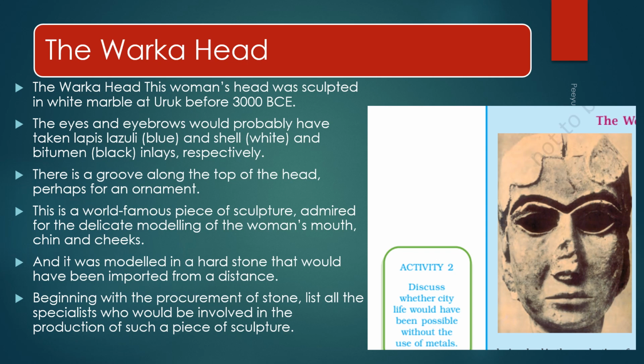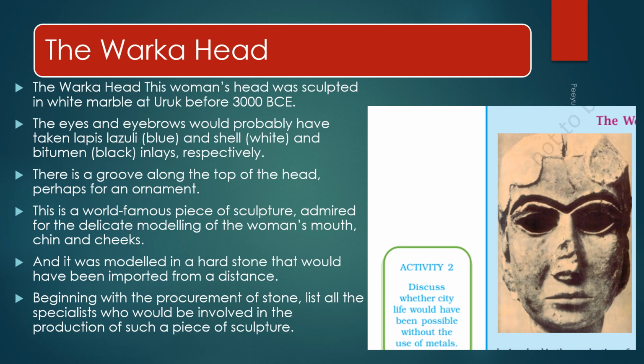There is a groove along the top of the head, perhaps for an ornament. So if you see here, there is a groove for the ornament, right? Like that women wear at this part of the head.